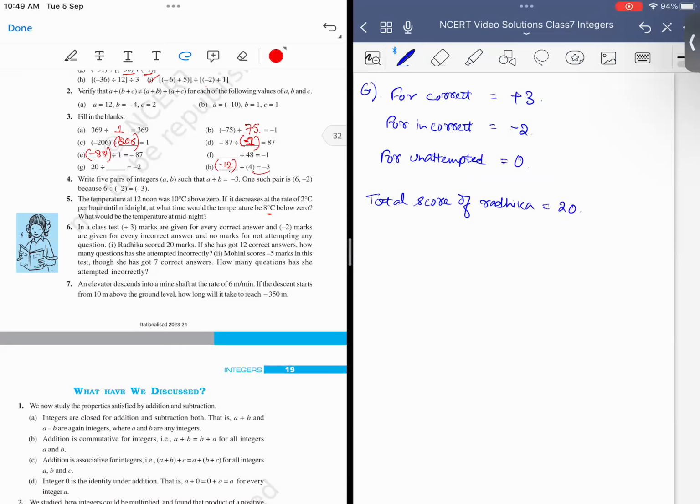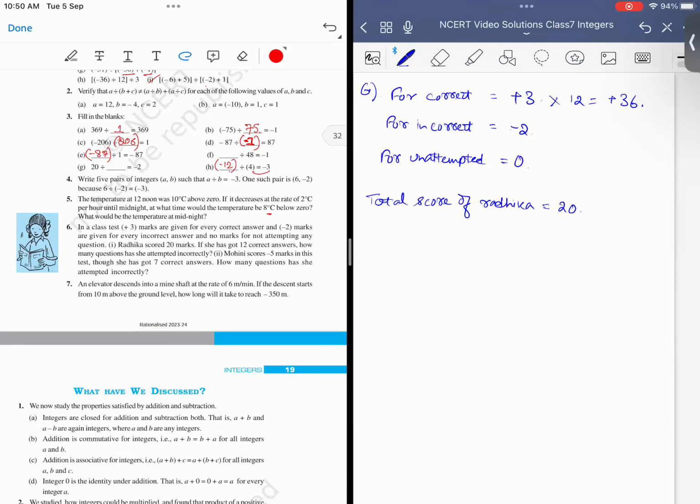And if she has got 12 correct, that means 12 into 3, that means positive 36.